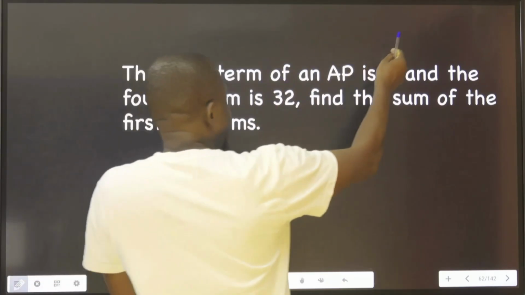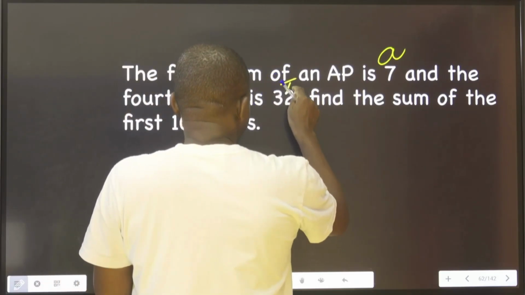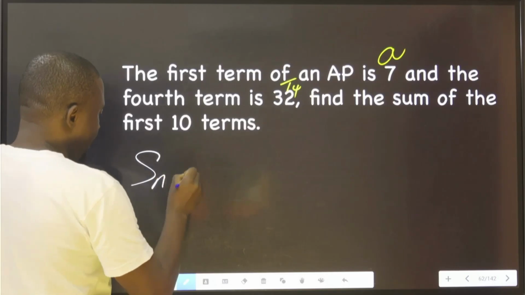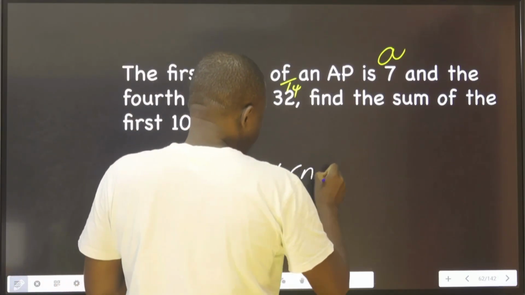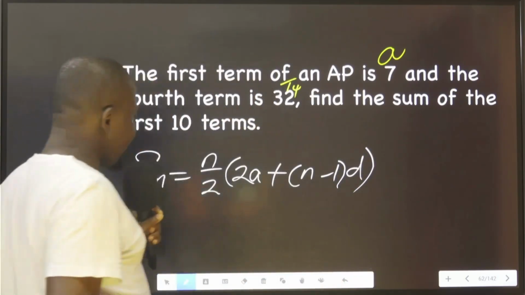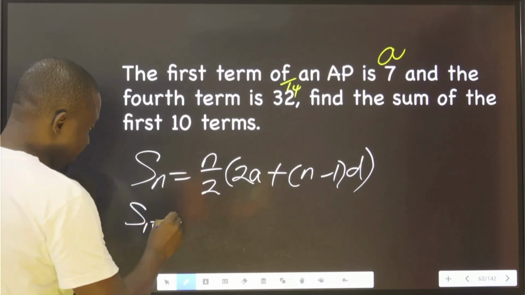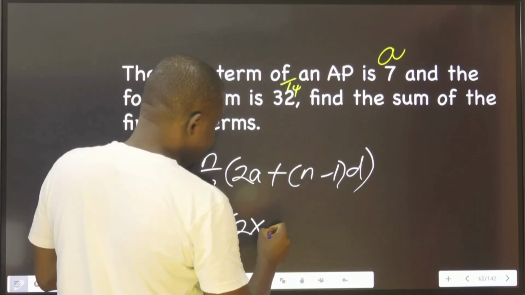The first term, the fourth term, find the sum of the first 10 terms. That is 7.